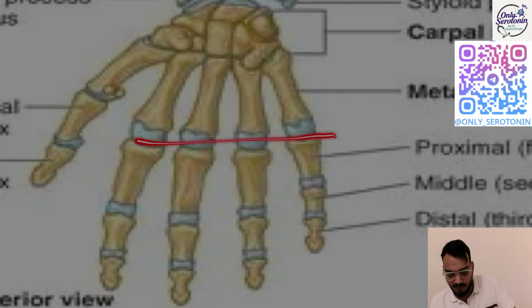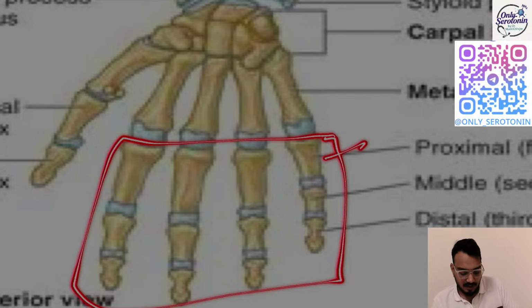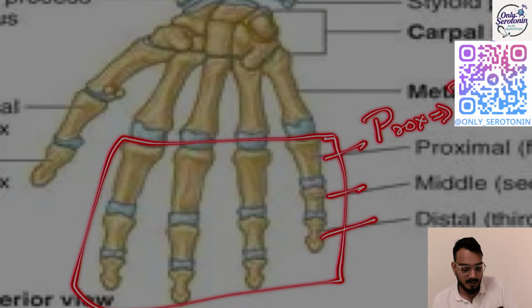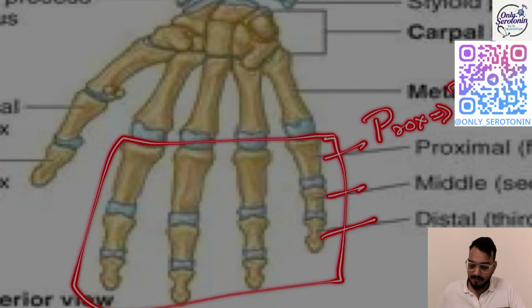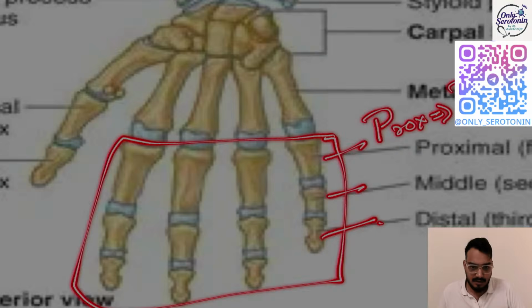So for 4 fingers, we have 3 phalanges. The nearest one is proximal. What does proximal mean, guys? Nearer. Whatever is near the midline of your body, that is your proximal one. Whatever is away from your body, that is your distal one. So D for distal, D for door, meaning far.